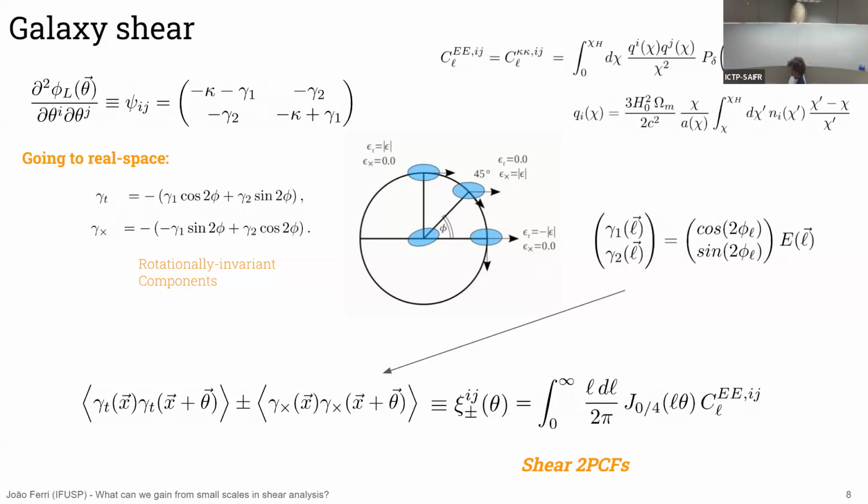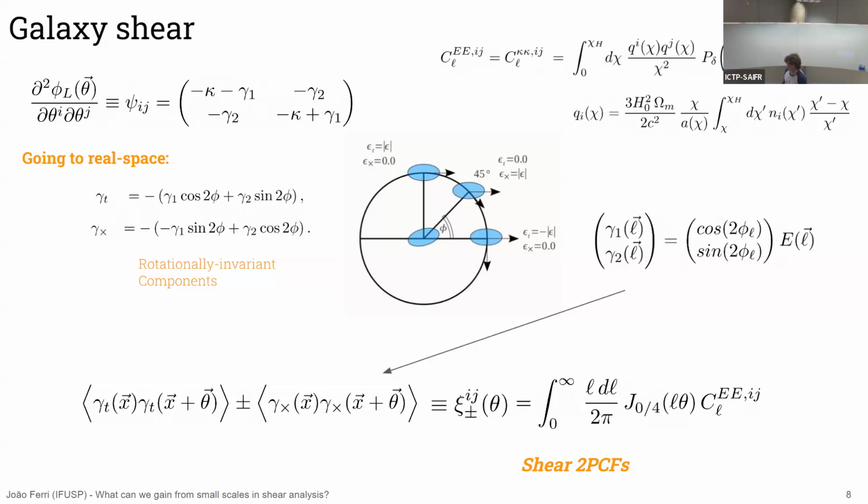So it seems like you can use one from the other. I don't think so. They are different by these Bessel functions, and these Bessel functions are orthogonal with respect to each other. So I don't think there is redundant information.